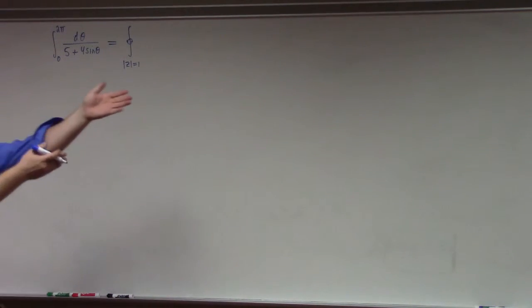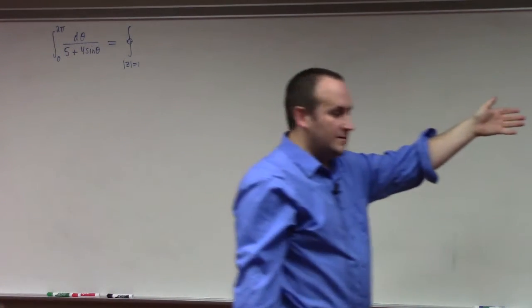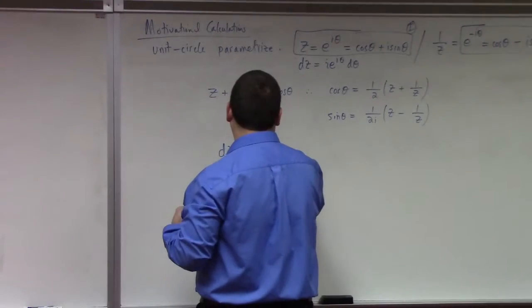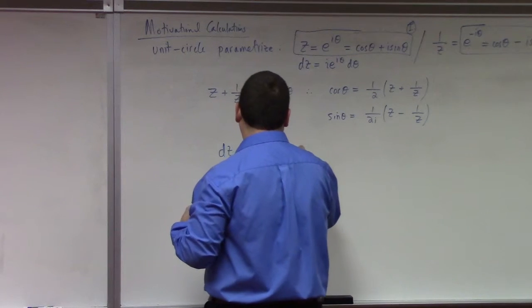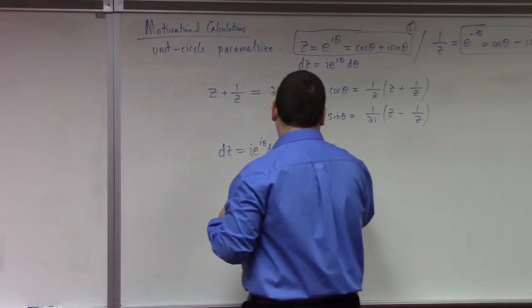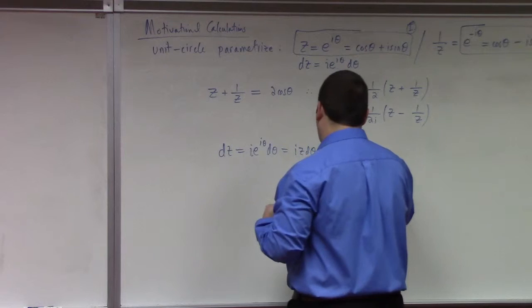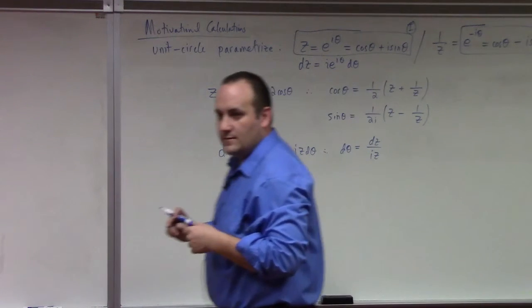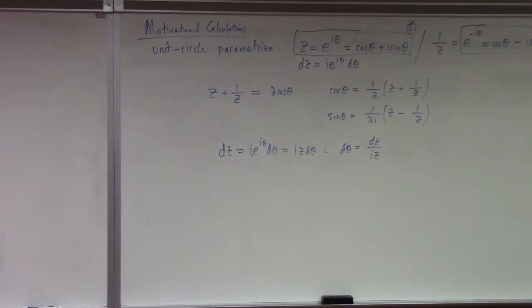And I already have the roadmap over here for the substitution. What's d theta? So we got dz is equal to i e to the i theta d theta. Written in terms of z, that's iz d theta. So therefore d theta is dz over iz.